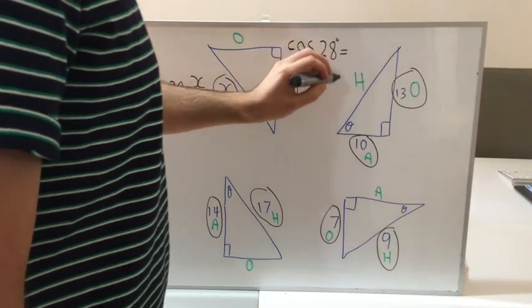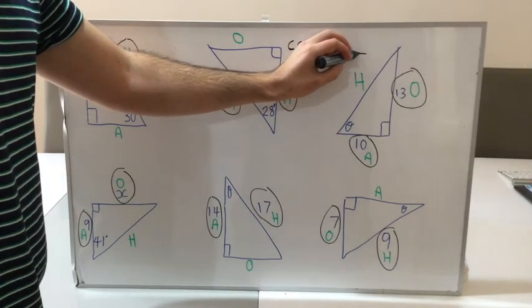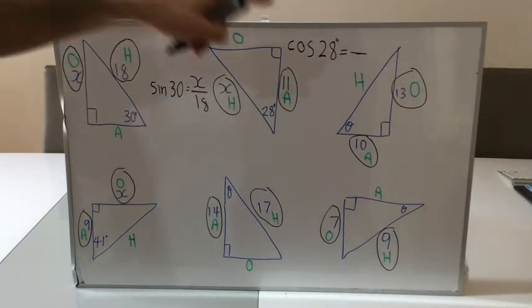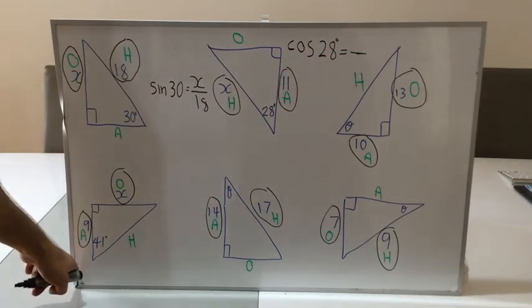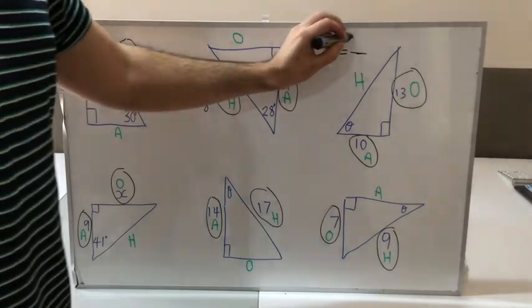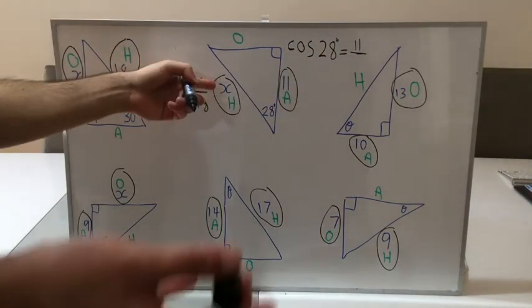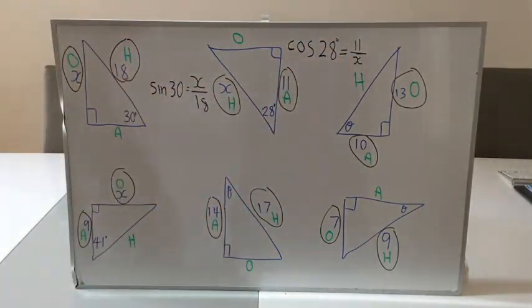Put an equals sign, and now you have to do a fraction. Your fraction, CAH, C-A-H. But instead of writing A, I'm going to write what number is in its circle, 11. Instead of writing H, I'm going to write what is in its circle, in this case it's a letter. It'll be an X.